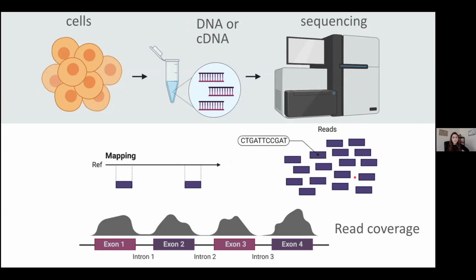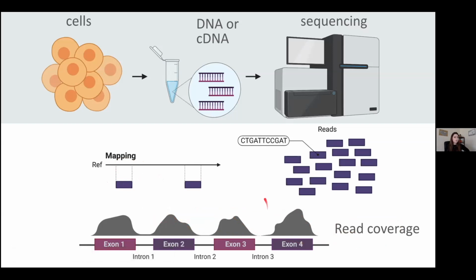So these reads are contained in files in your computer now, and we need to figure out, first of all, where in the genome they came from. So mapping is one of the biggest challenges we have, and is the first thing that you're going to do with your reads before you can interpret the results. And after we know where they came from, then we can go through these analyses where we generate read coverages and interpret the results that you obtained.